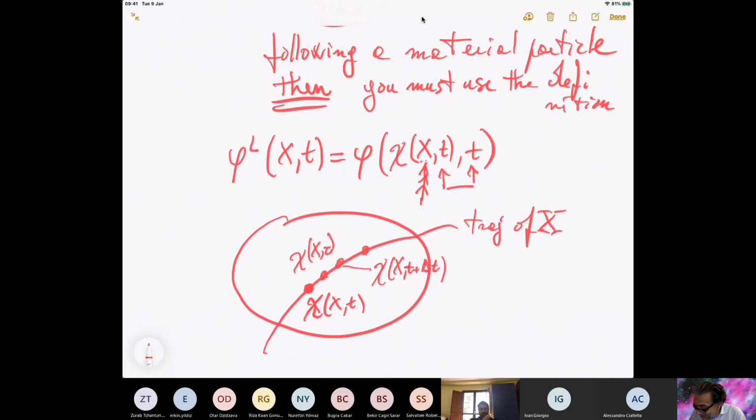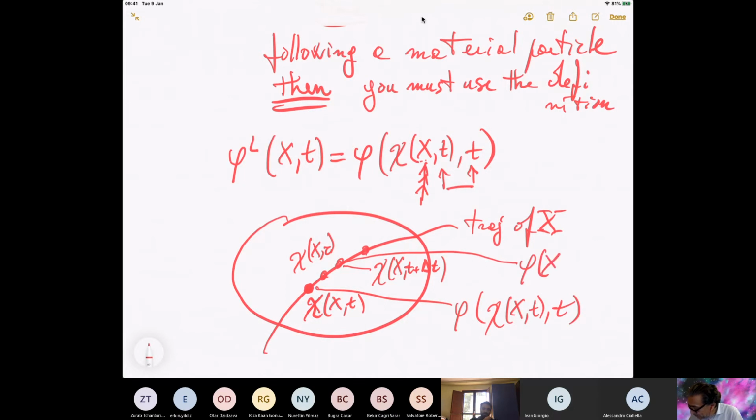Okay, you estimate at instant t phi of chi of X, t comma t, and at instant t plus delta t, and you estimate this increment to calculate the rate we are dealing with.